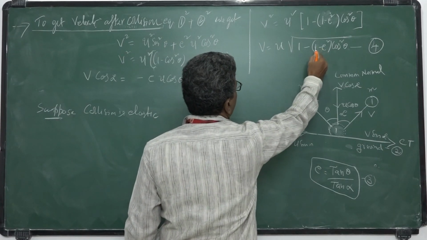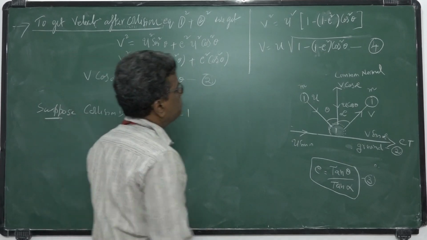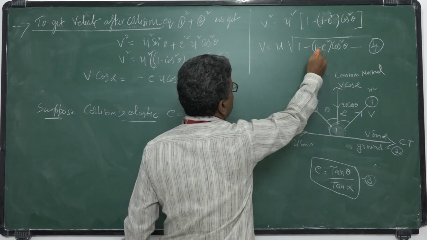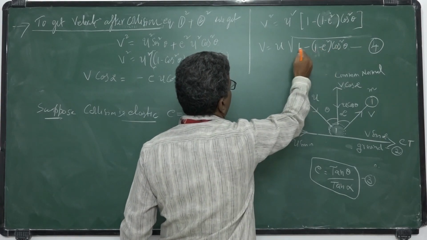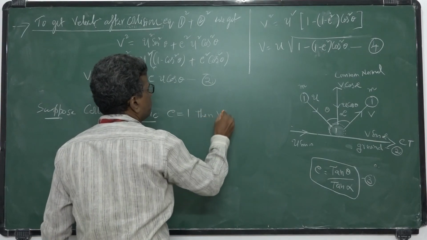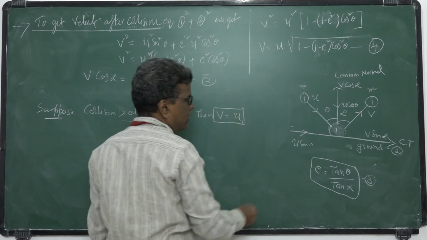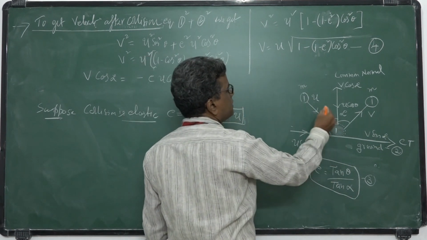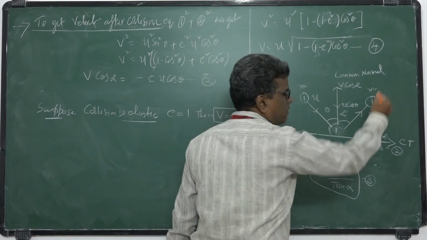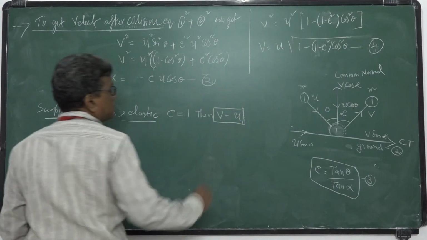So 1 minus 1 is 0, 0 into something is 0, 1 minus 0 is 1, square root of 1 is 1. Then V is equal to U. That means if it is a perfectly elastic collision and it strikes the ground with velocity v, then it rises up with velocity v. So there is no change in velocities.